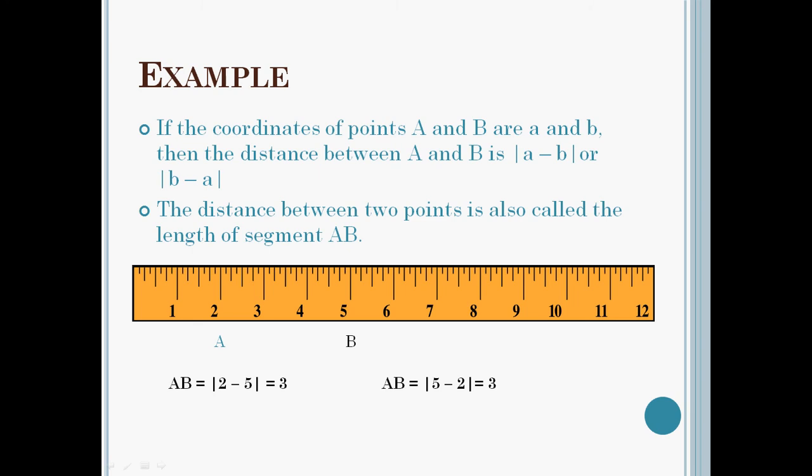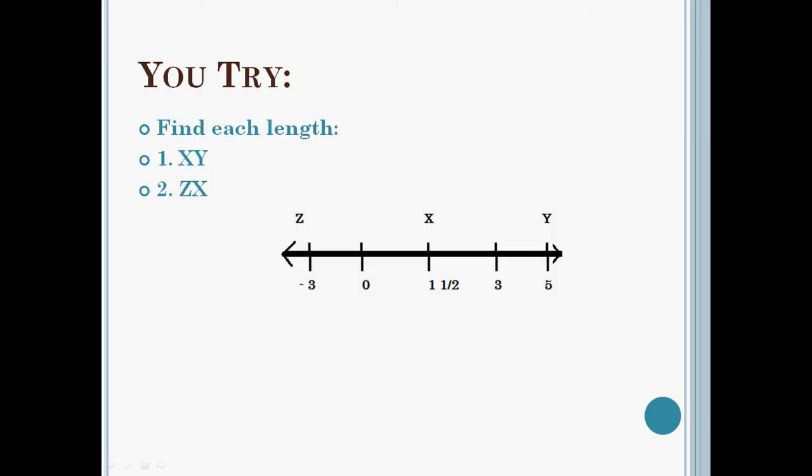Thus, we can find the distance between any 2 points. You try. You might want to pause the video and work the problem before I show the answer.